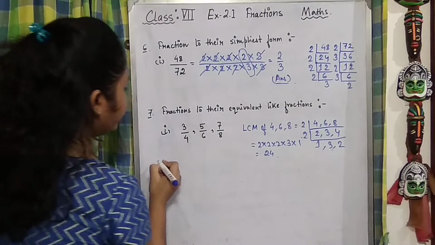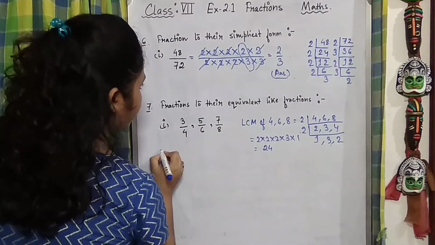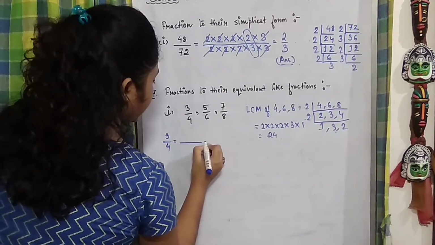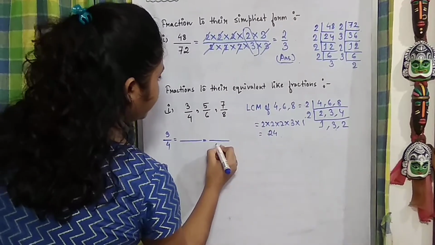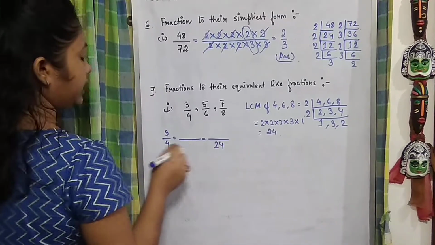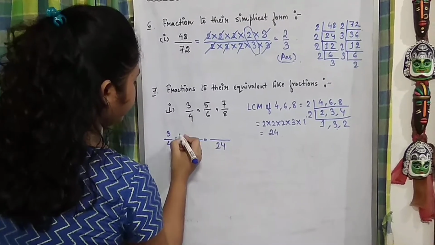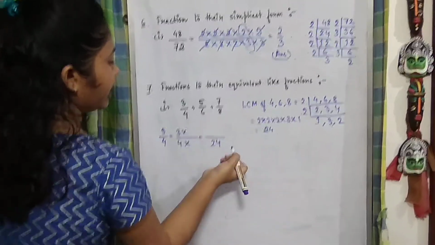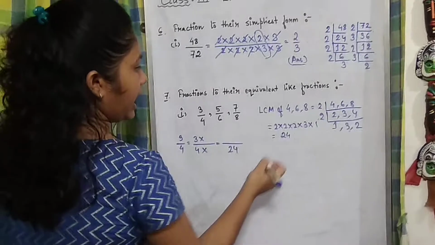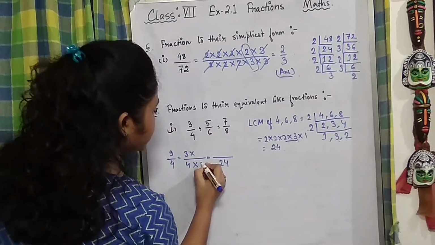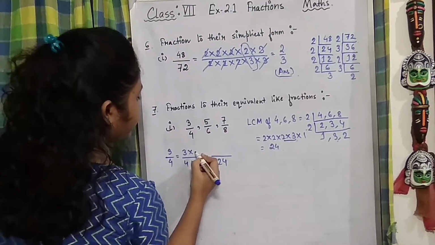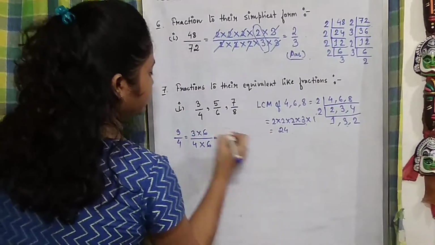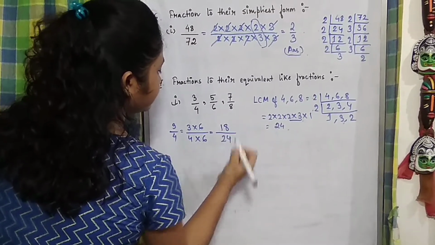Now we are going to find out the equivalent fraction for each of the numbers. We have already learned how to find this, yet I am going to show you once more. We have to find out what is common between 4 and 24. So 4, 6 4's are 24, right? So 6 will be multiplied in the numerator and denominator both. So 6 3's are 18.